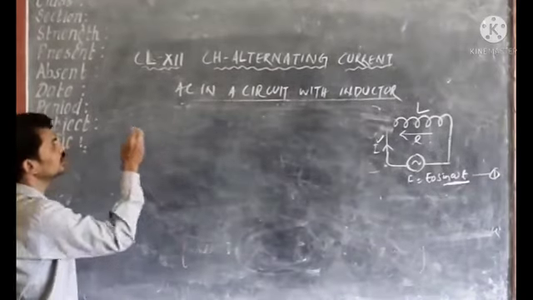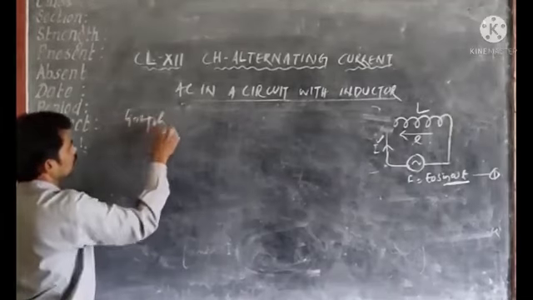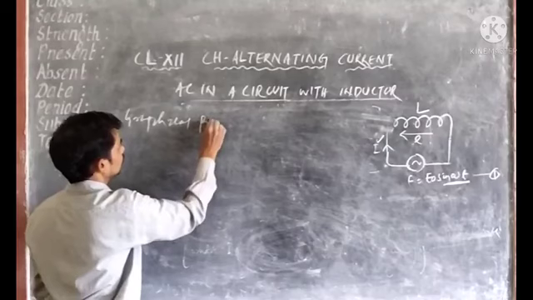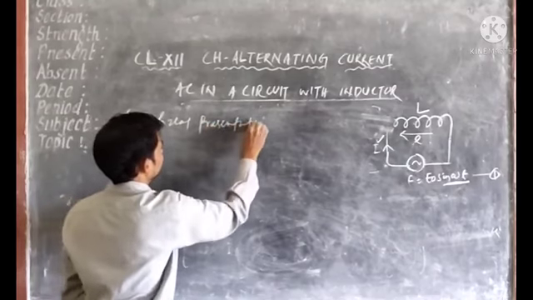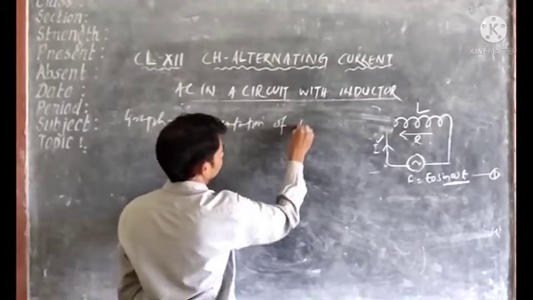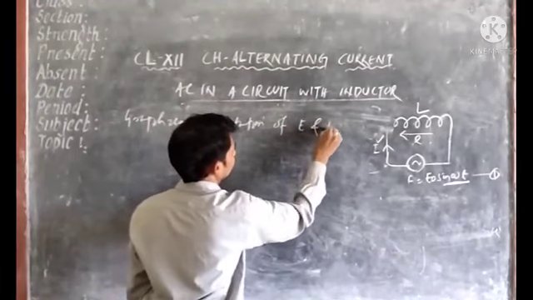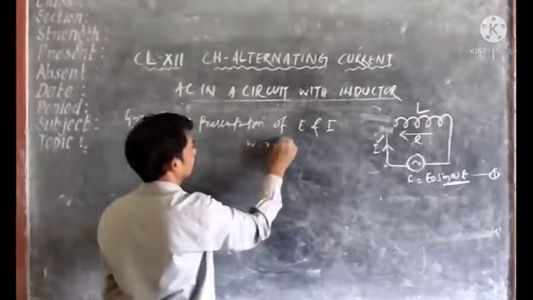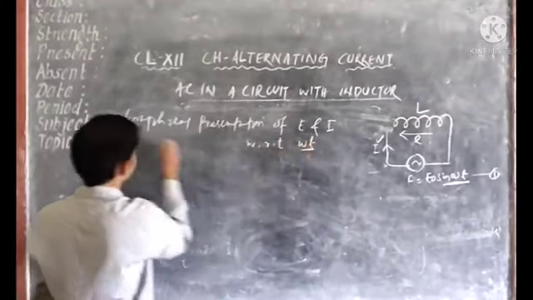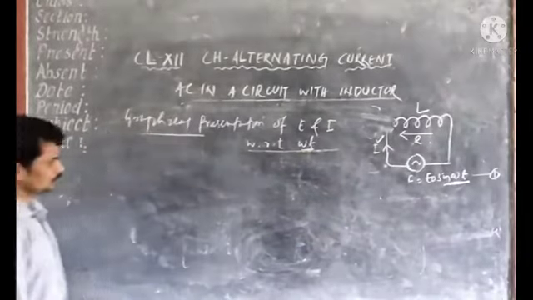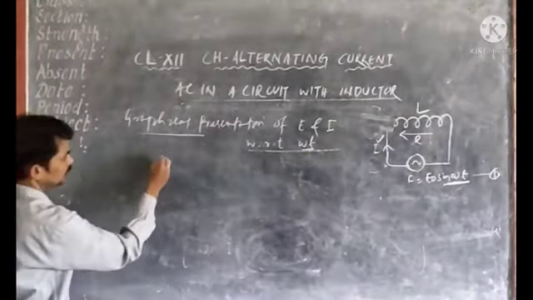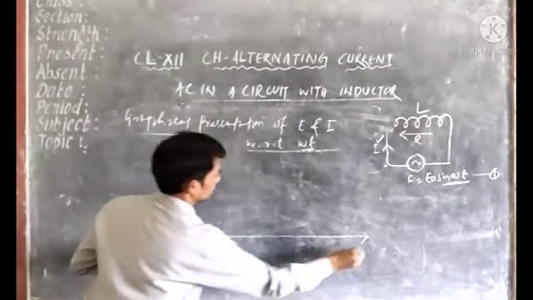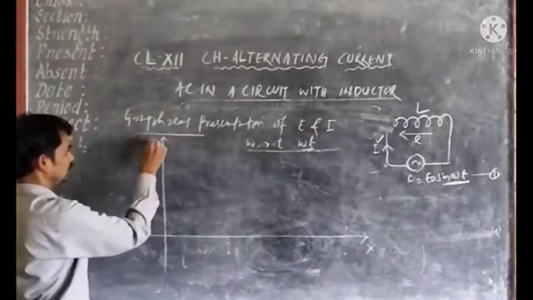So next we will be drawing the graphical representation of E, the electromotive force, and alternating current I with respect to phase angle omega t. So for this purpose, let's draw the x-axis and y-axis.